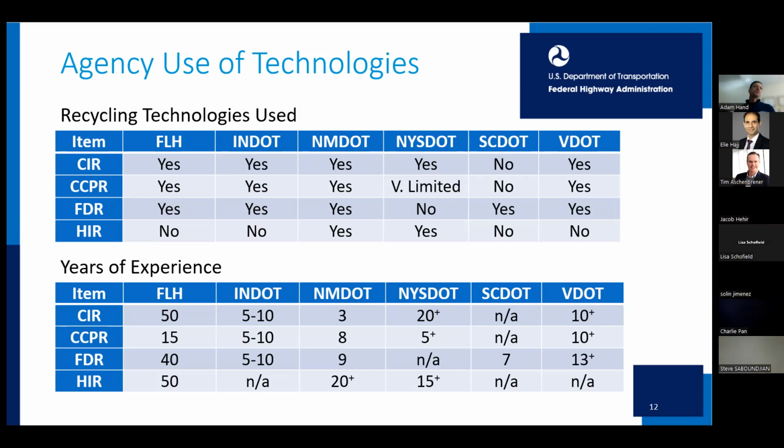For example, New Mexico DOT with 3 years of experience. They've done a fair amount of cold in place recycling in New Mexico, but much of it was quite a few years back. So the numbers in that table are sort of taken with a grain of salt because some of them have more experience, but because of gaps, they didn't really want to list them as continuous years, if you will.